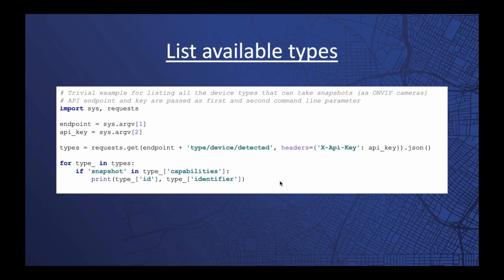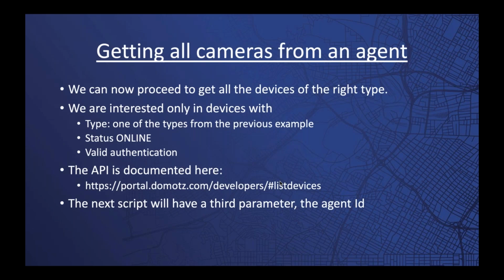So once we are capable of filtering out and selecting only the cameras, we are going to show them in order to cross-check if our program is doing the right thing. So I will write the program and show the actual list of cameras gotten from the web API besides the list that my program shows, in order to cross-check if my program is working properly.